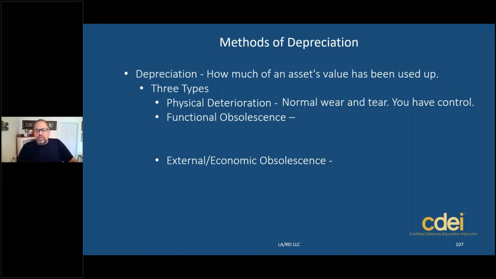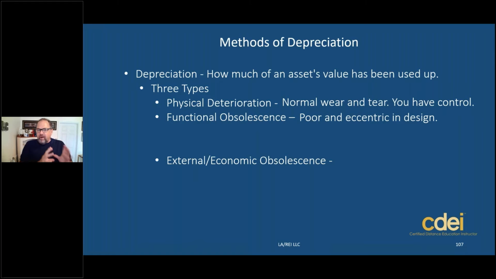Now, the next one is called functional obsolescence. Functional obsolescence has to deal with poor and eccentric design. What do I mean by that? Well, I like to use a memory aid or word analogy: the property is functionally obsolete.